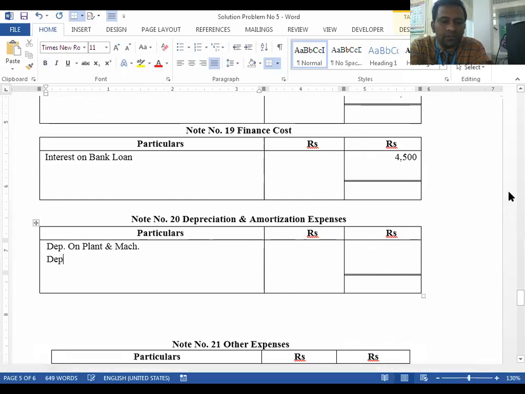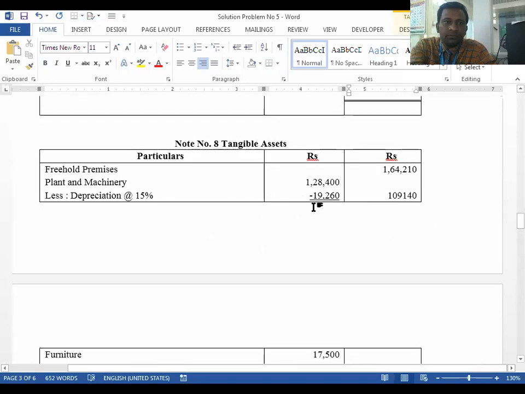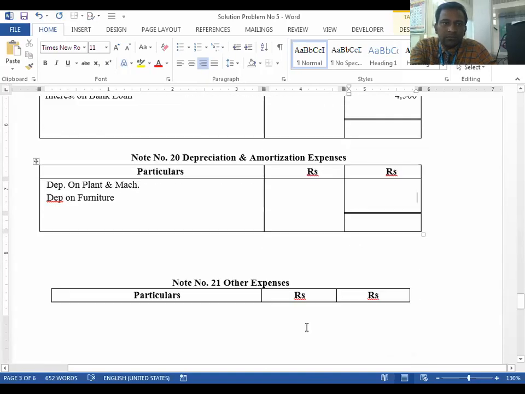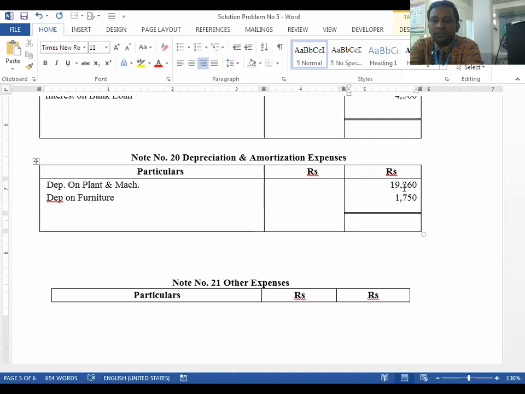Depreciation on plant and machinery is 19,260, and depreciation on furniture is 1,750. So this is the effect of adjustment regarding the depreciation.